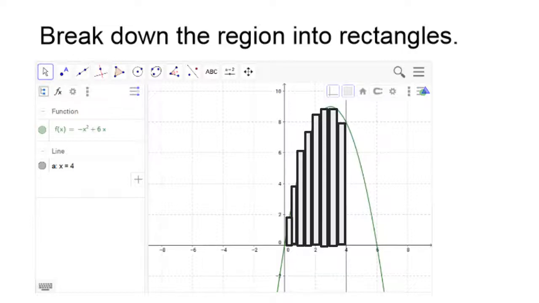Well, it is simply the value of the function at this upper right-hand corner of each rectangle. And how wide is the rectangle? The rectangle is the interval from 0 to 4 divided by the number of rectangles.